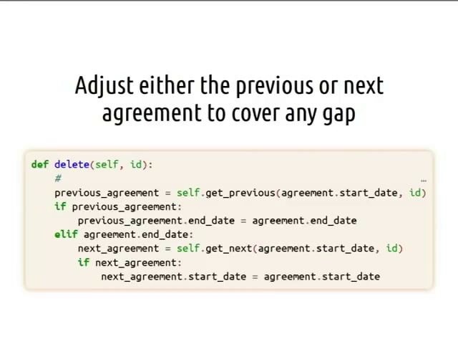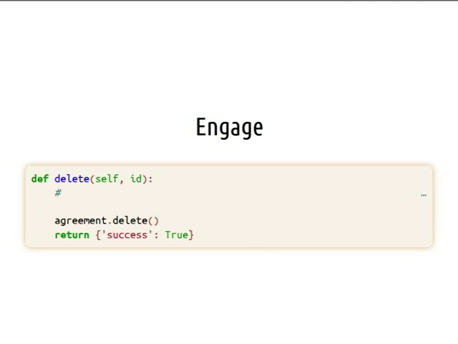When you delete an agreement, we need gap coverage. So we need to adjust the dates in order to make sure that that gap is covered. If there's any gap between the agreements that's left by the hole that you just deleted, or that you just created, we need to fix it. And then actually do the delete.